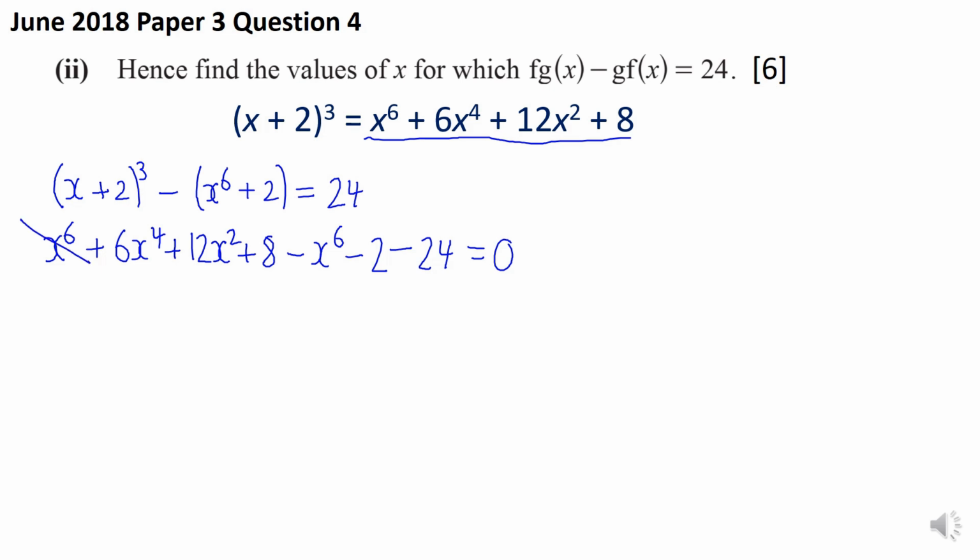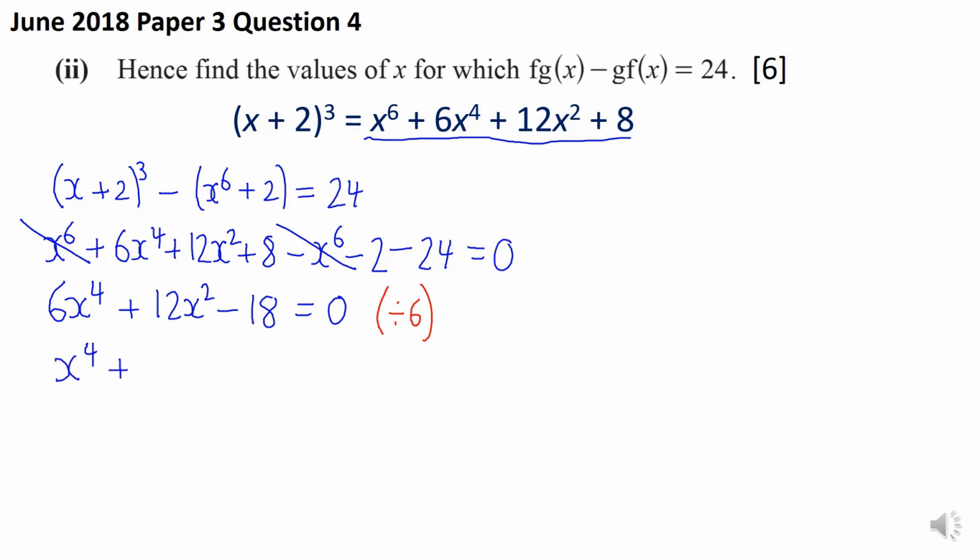The x to the power of 6 terms cancel, so we write 6x to the power of 4 plus 12x squared, and now plus 8 minus 2 is 6, minus 24 is minus 18, and that is equal to 0. We can divide everything in the equation by 6, and this gives us x to the power of 4 plus 2x squared minus 3 is 0.